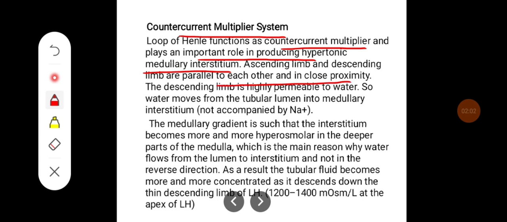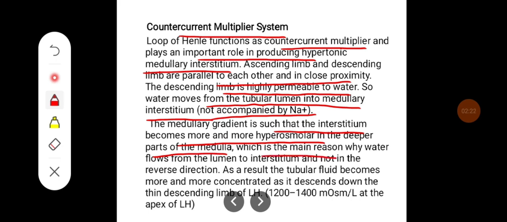The descending limb is highly permeable to water, so water moves from the tubular lumen into the medullary interstitium, and it is not accompanied by sodium. The medullary gradient is such that the interstitium becomes more and more hyperosmolar in the deeper parts of the medulla, which is the main reason why water flows from the lumen into the interstitium and not in the reverse direction.